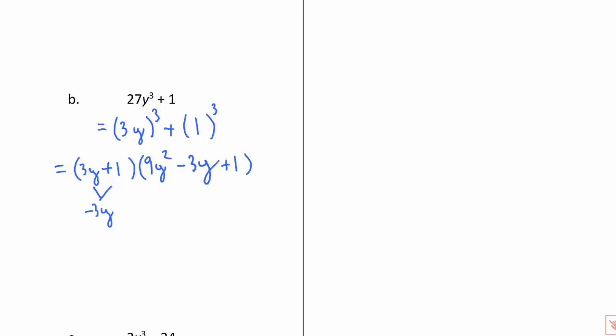So it's minus 3y. Believe it or not, again, this is the answer. This is the factorization. So 27y cubed plus 1 is 3y plus 1 times 9y squared minus 3y plus 1.